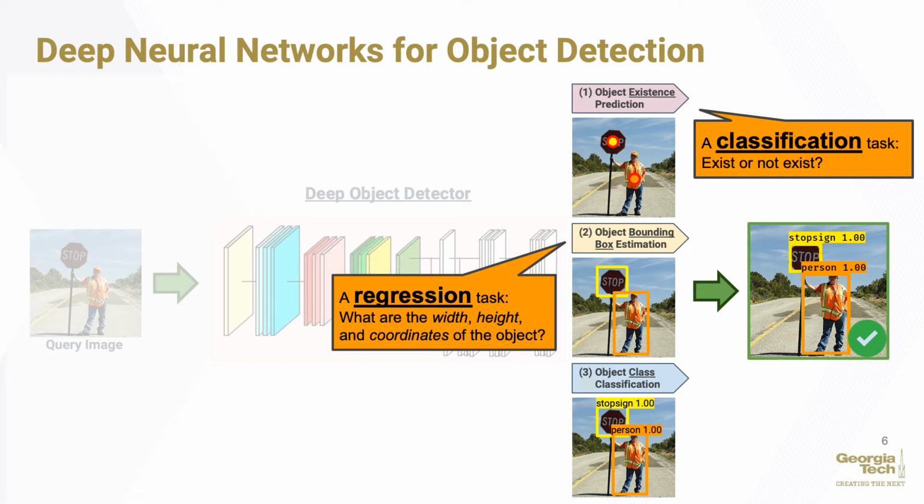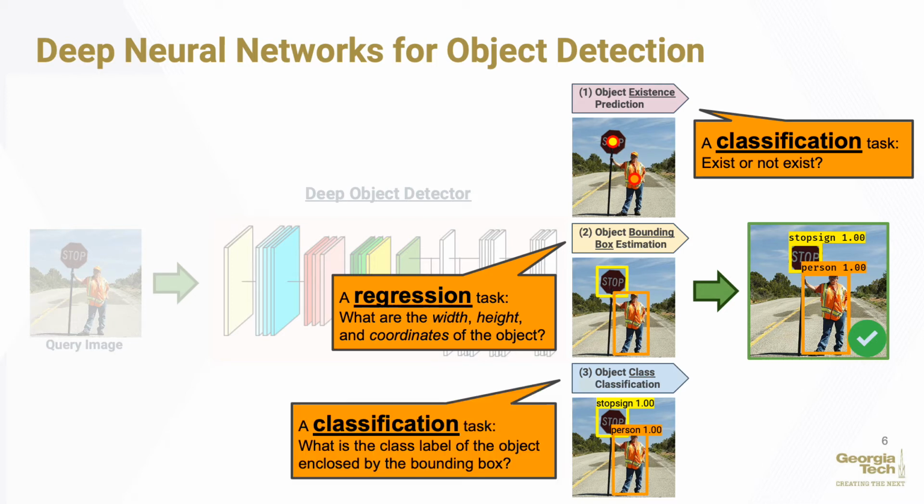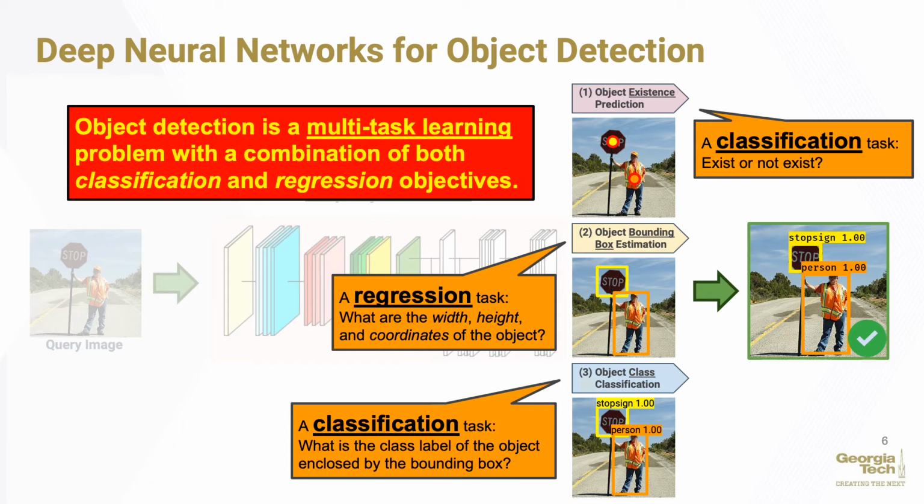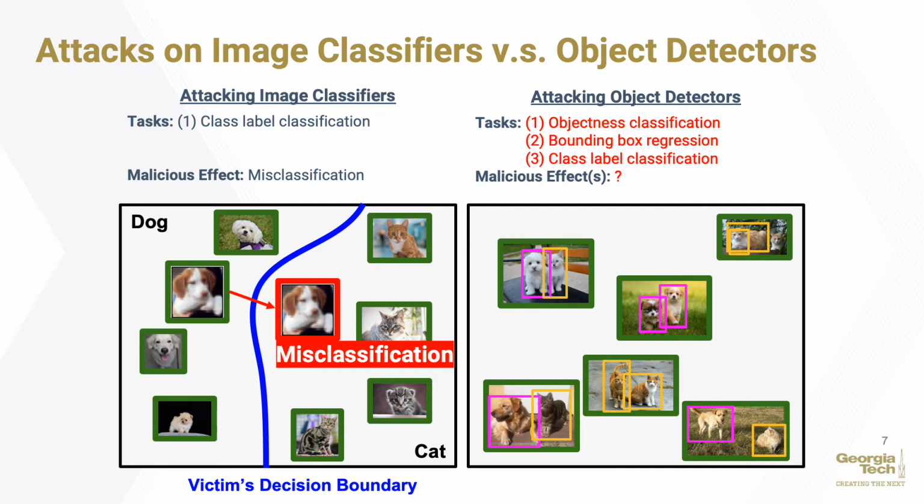The second task is to estimate the bounding box, such as the width and the height. And this is actually a regression task. And finally, the last one is the classification task, determining the class label of the object of each bounding box. So that's why object detection is a multitask learning problem with a combination of both classification and regression objectives.